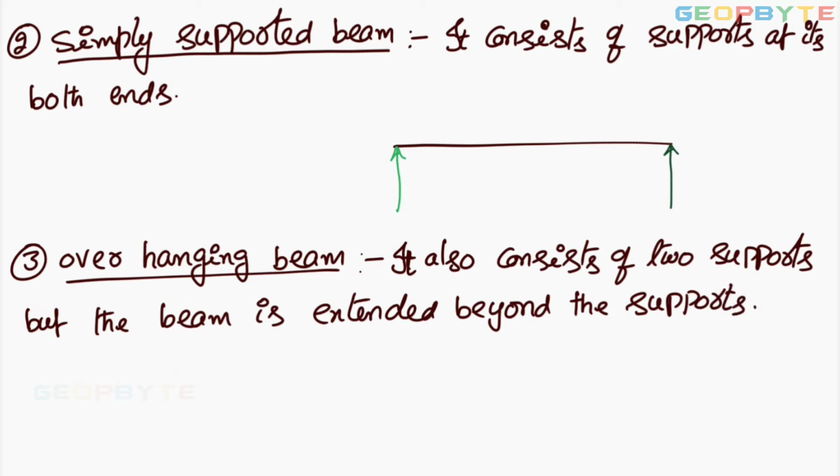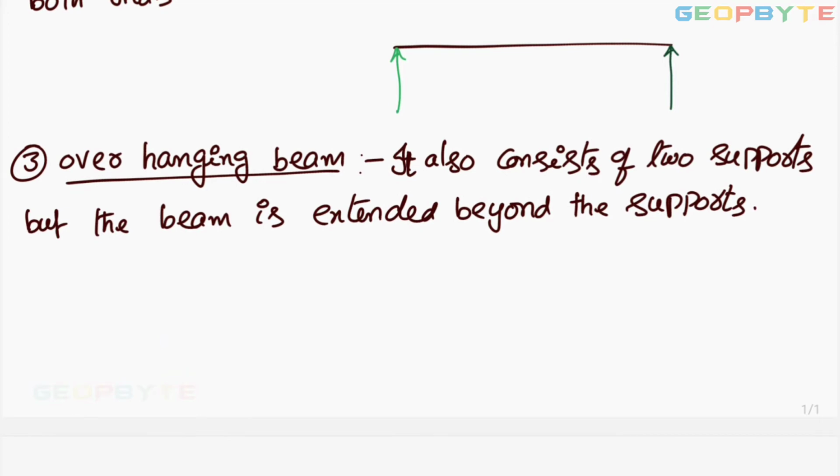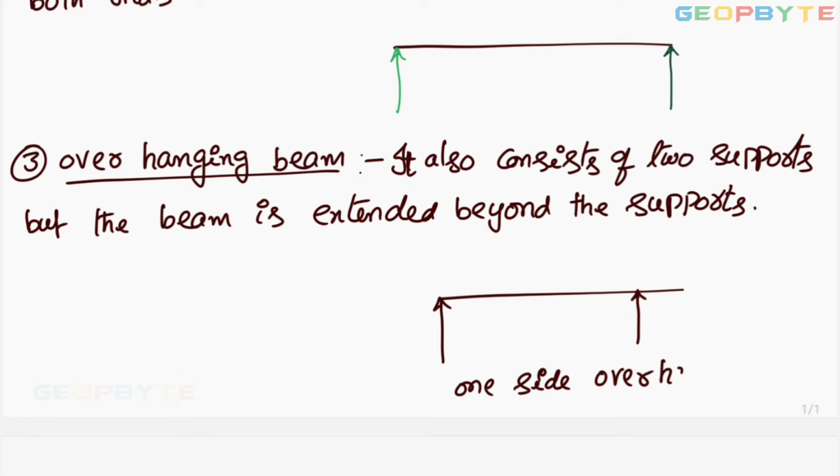Remember that the extension may be either on one side or both sides. If I take a beam like this, it is one side overhanging. The same beam may be overhanging on both sides.